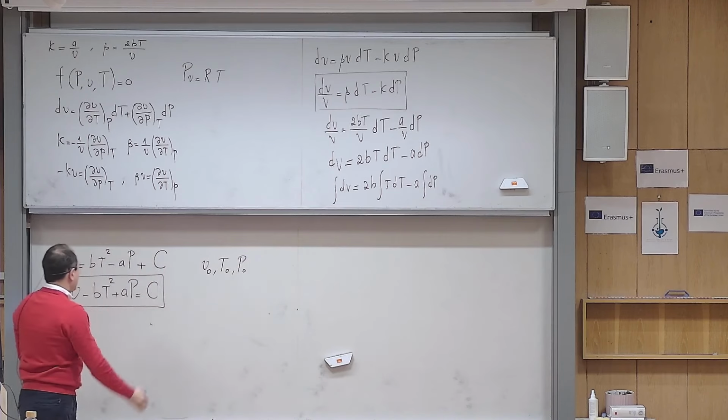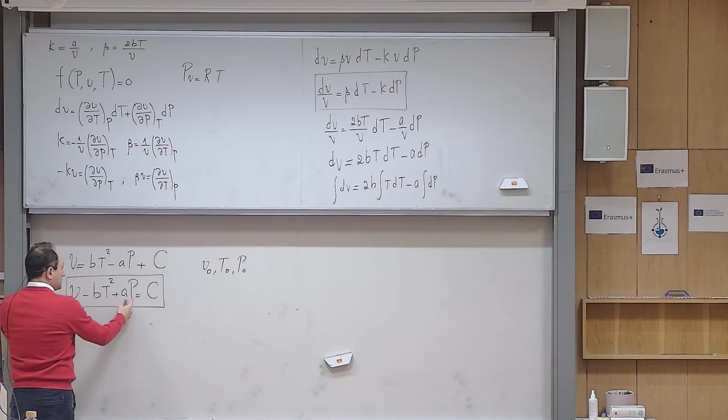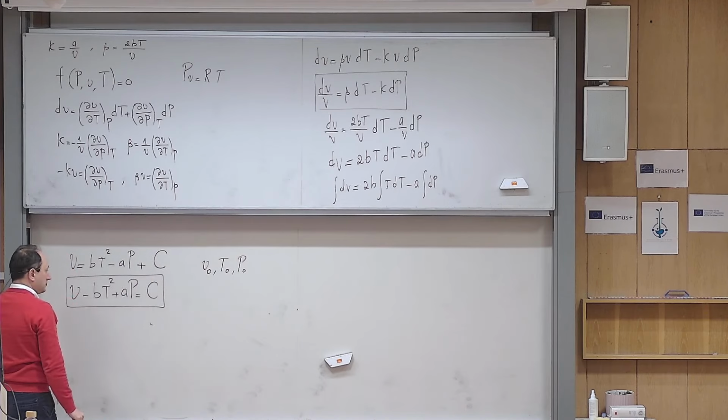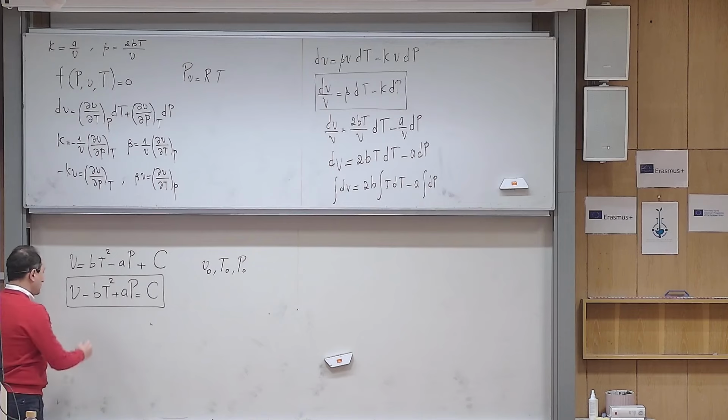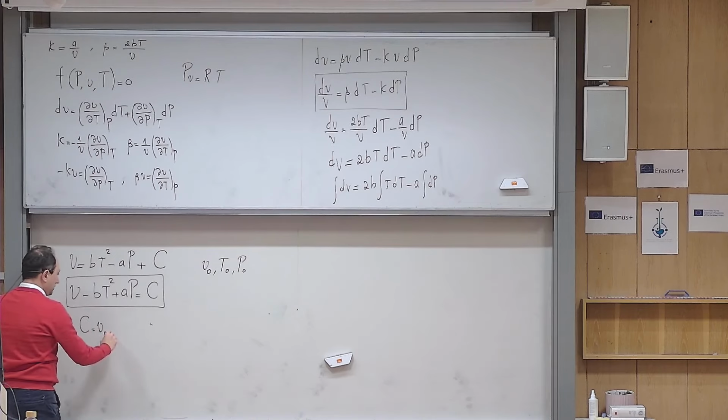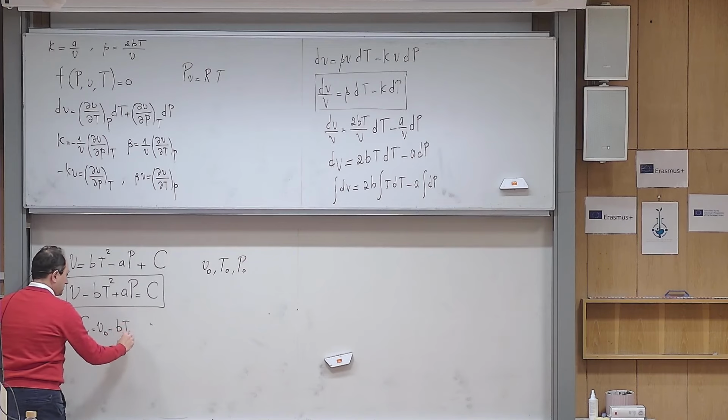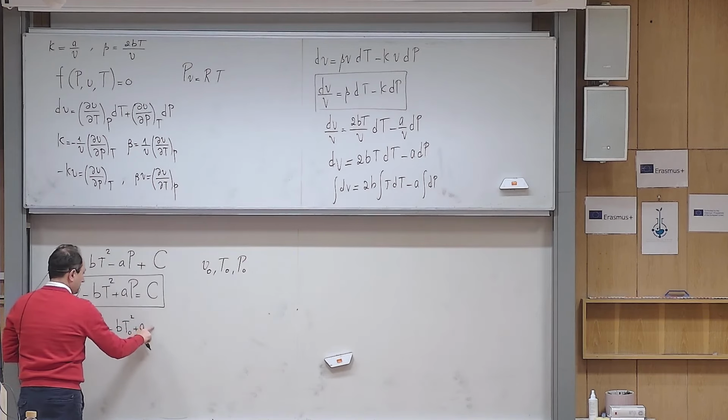Because this is valid for any equilibrium state, it is also valid for that particular equilibrium state. So if I replace V with V naught, T with T naught, P with P naught, this equation should hold, and this will give me the value of C. So this constant C is nothing except V naught minus bT naught squared plus aP naught.